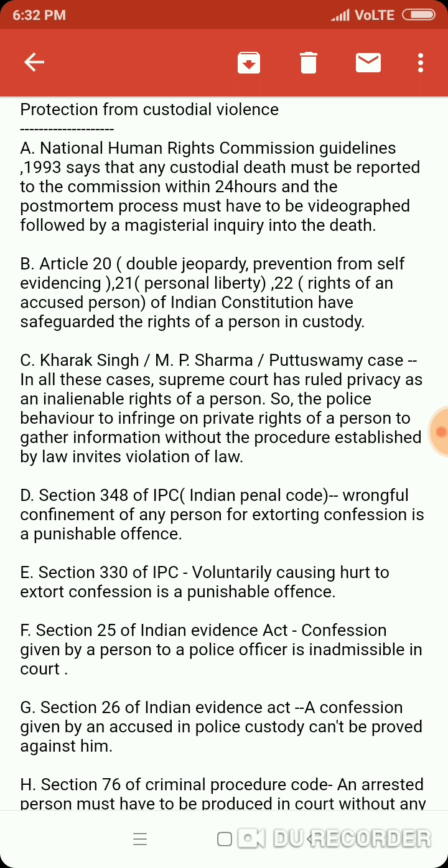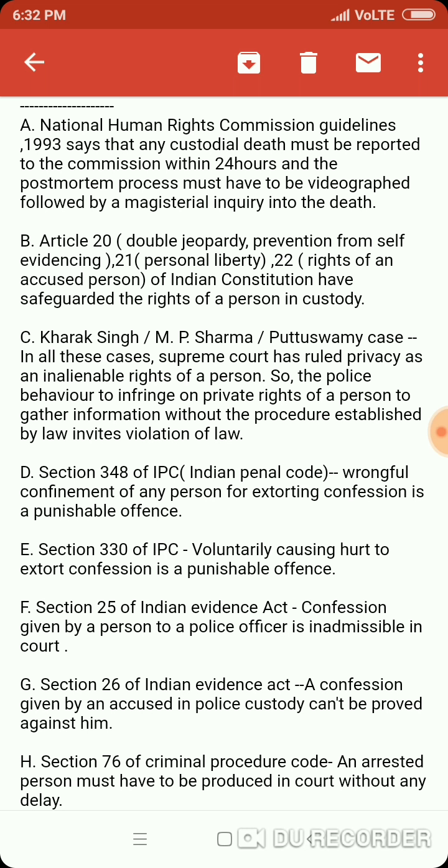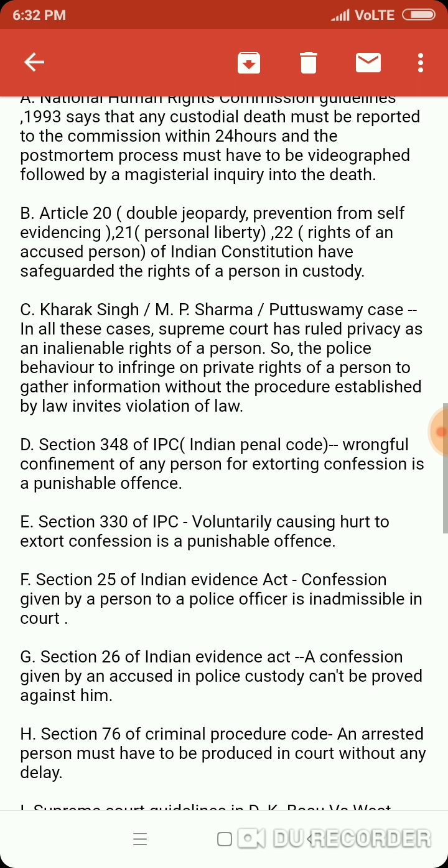If a person dies in police custody, then a judicial magistrate has to inquire into the death. The death report has to be informed to the National Human Rights Commission within 24 hours.